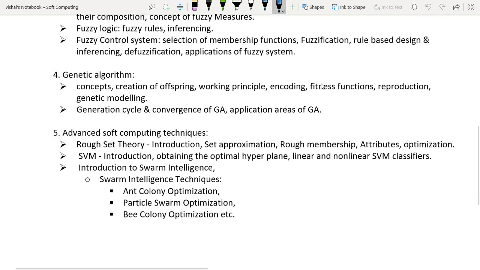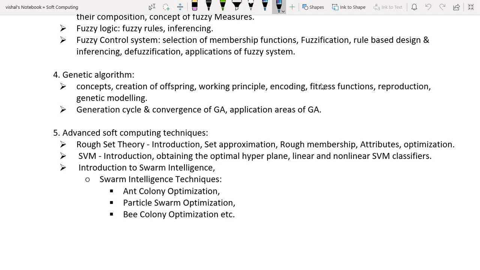In final unit, that is advanced soft computing techniques, we'll see rough set theory, that includes introduction of rough set theory, set approximation, rough membership, attributes, and optimization.